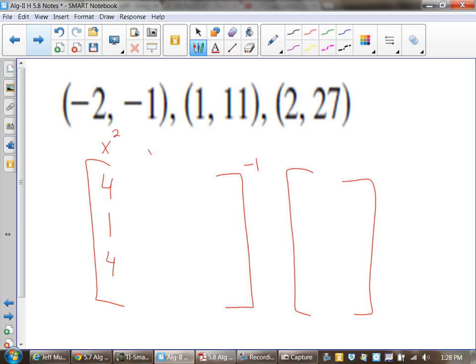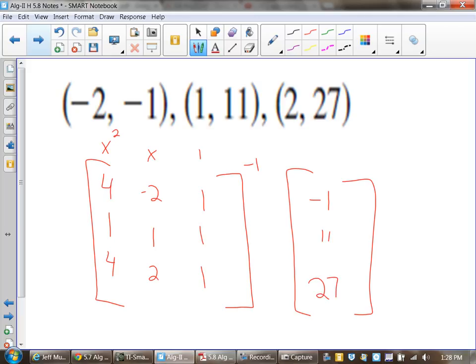The next column is always x. Oh, this is so much easier. And what's the third column always going to be? 1s. What's your answer column? -1, 1, 1. Works every time.